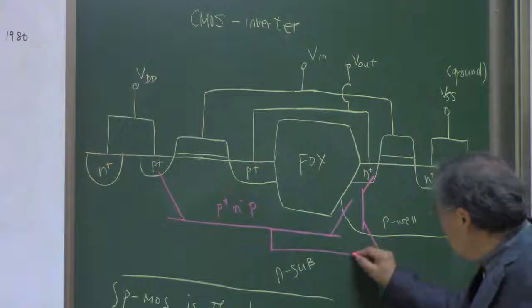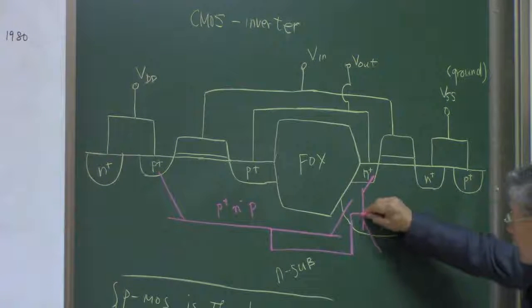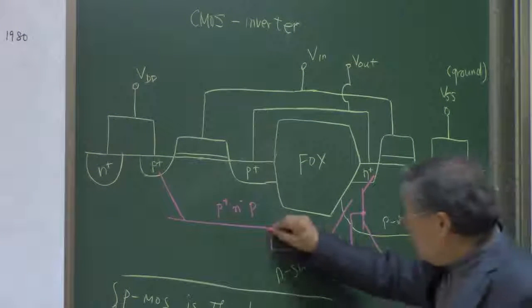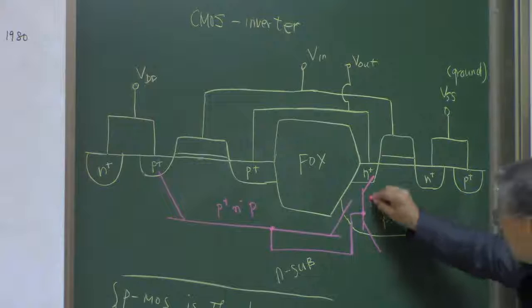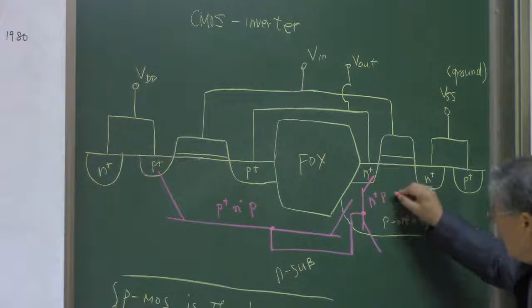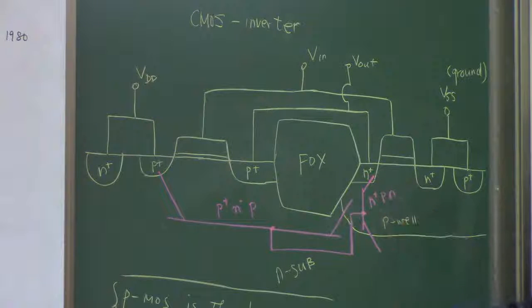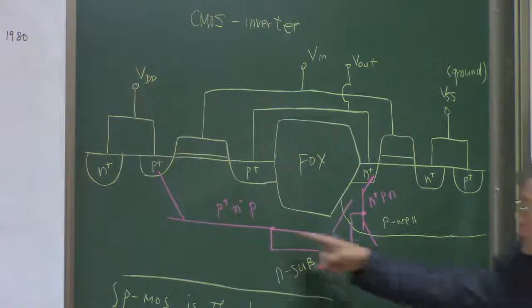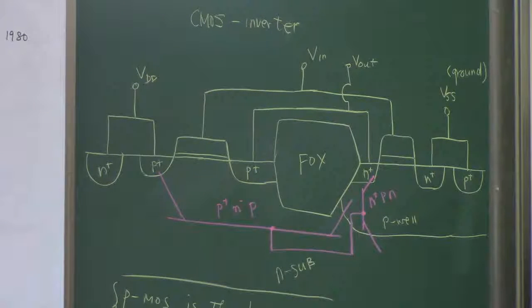And then this may be connected to this base here, okay? So we're going to have, and this one is N plus, P well and N minus substrate bipolar transistor, and this is a vertical bipolar transistor, and then this is a lateral bipolar transistor. So we can think something like this, okay?